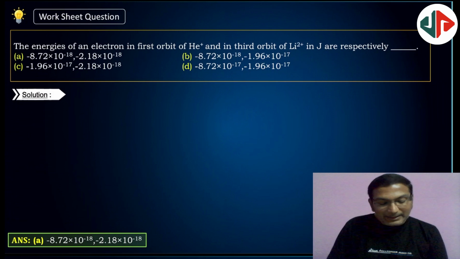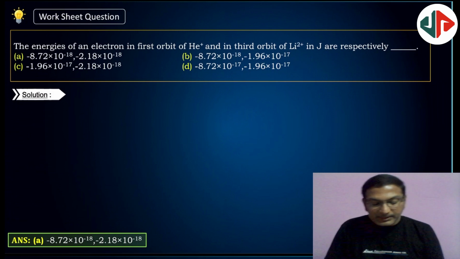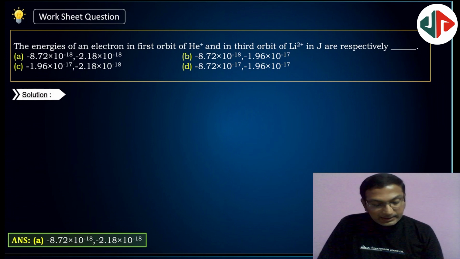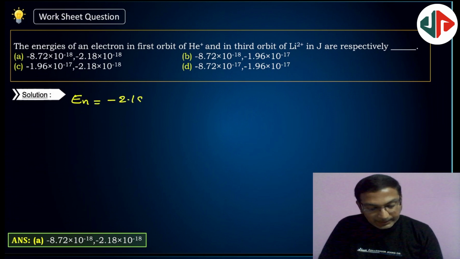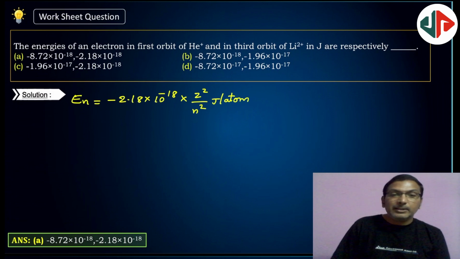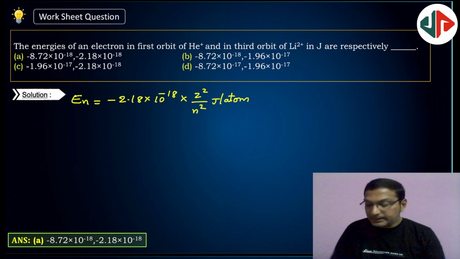The energies of an electron in first orbit of He plus and third orbit of Li2 plus in joules are respectively. You know energy expression, energy of electron in nth orbit: minus 2.18 into 10 power minus 18 into Z square by n square joules per atom. This is the expression for calculation of energy of nth orbit.